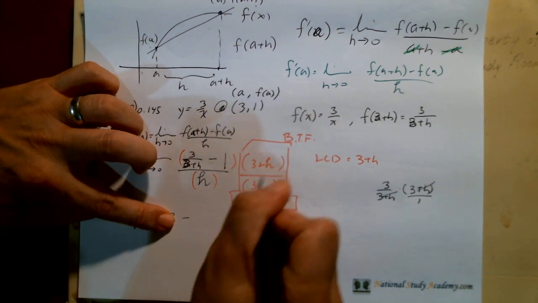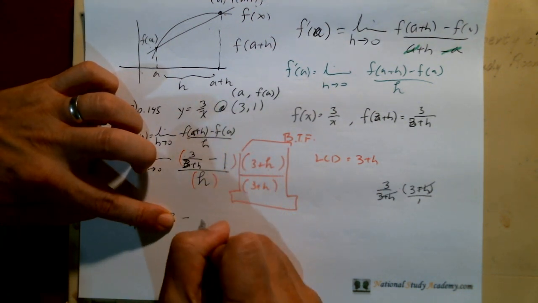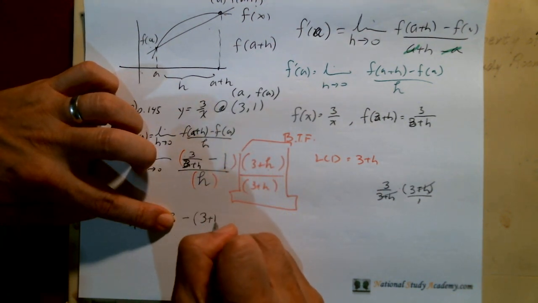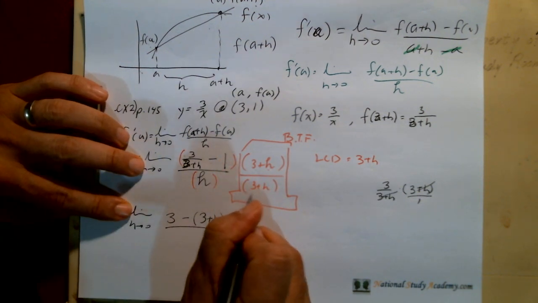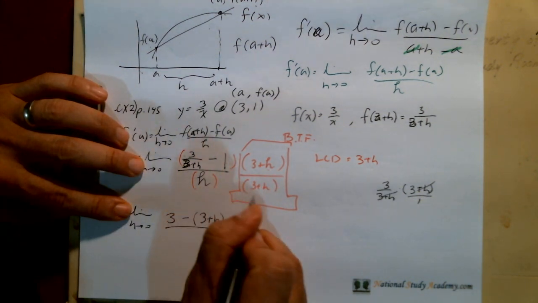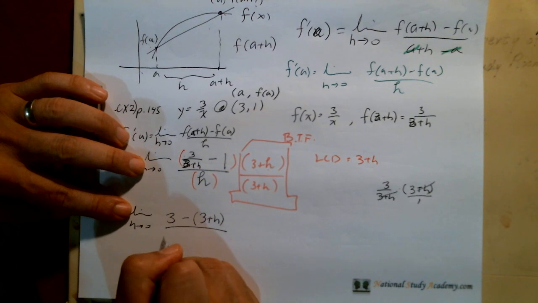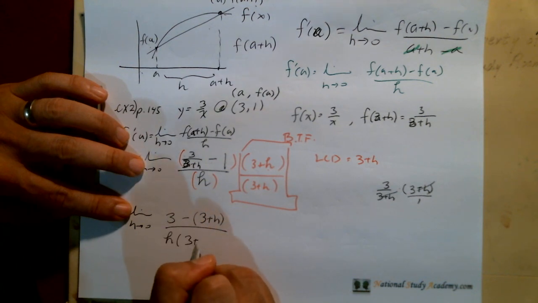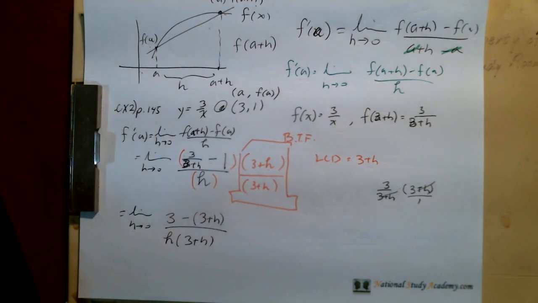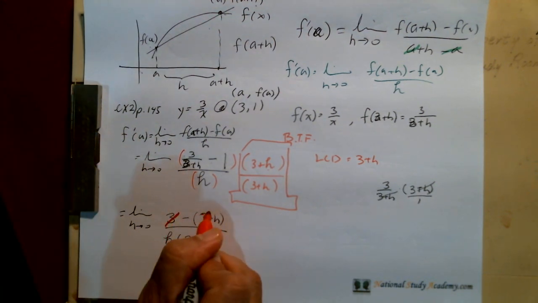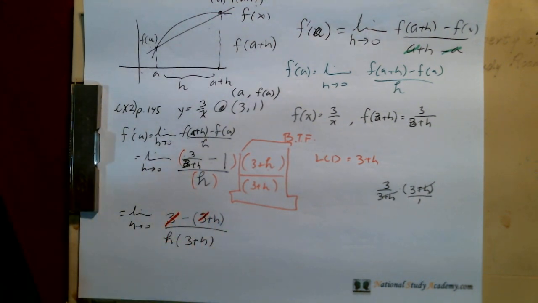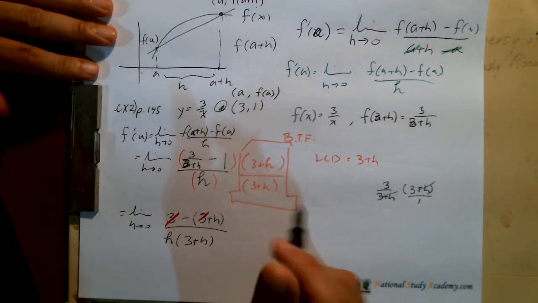Minus 1 times 3 plus h is just minus 3 plus h. Do not distribute the denominator. Keep it factored. H times 3 plus h. You will notice something, that the 3 and the minus 3 will cancel. And so what do you have in the numerator? Well, I hope you didn't say h.